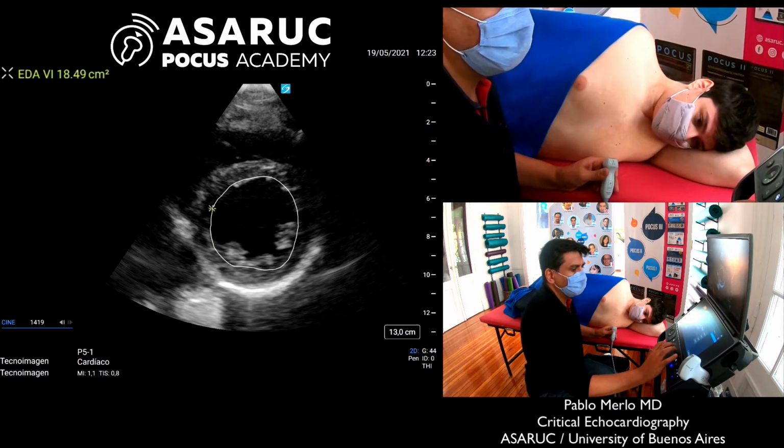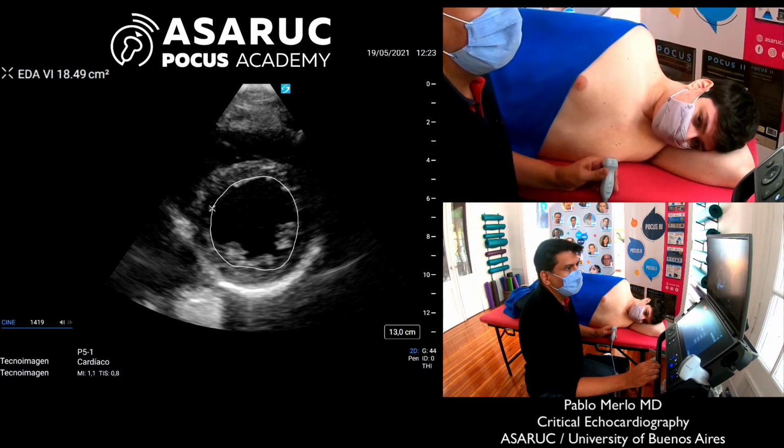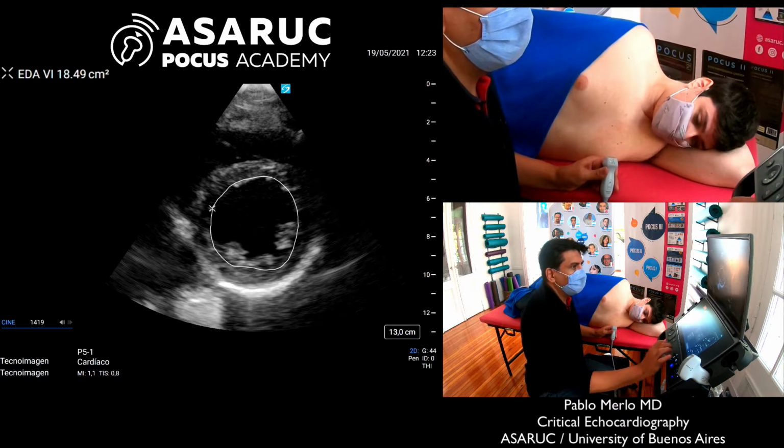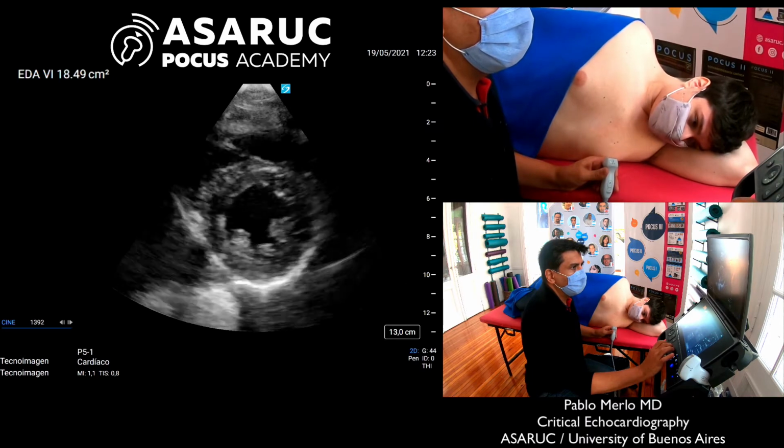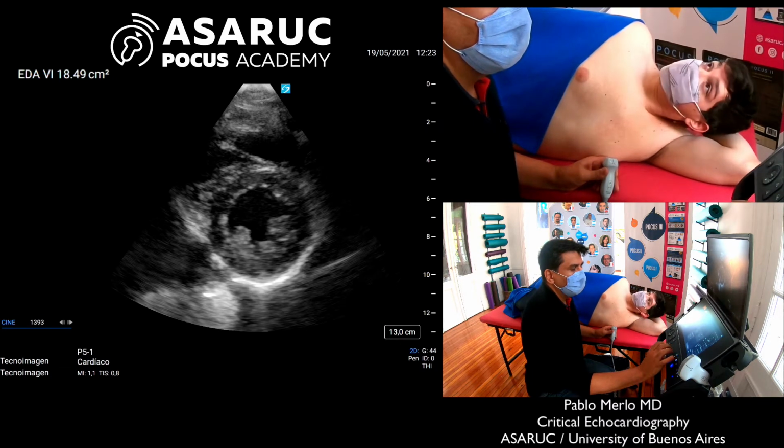This is the left ventricle end diastolic area. Let's freeze the image at end systole. We can see that the left ventricular cavity size is smaller now.